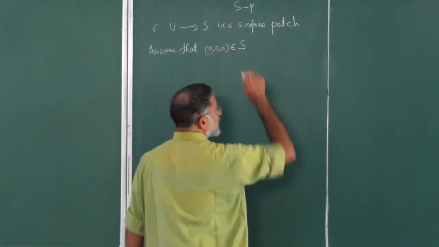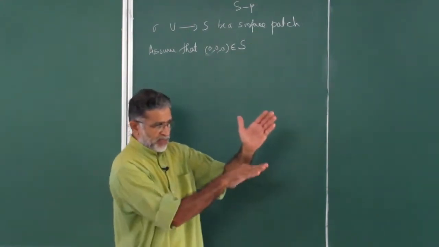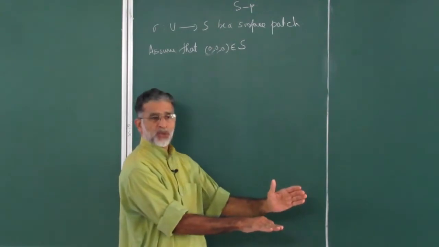Now the next thing that we do: you have the surface and this point which you have translated to the origin.